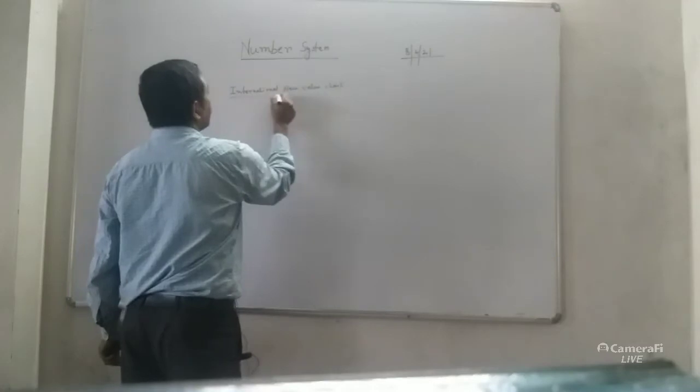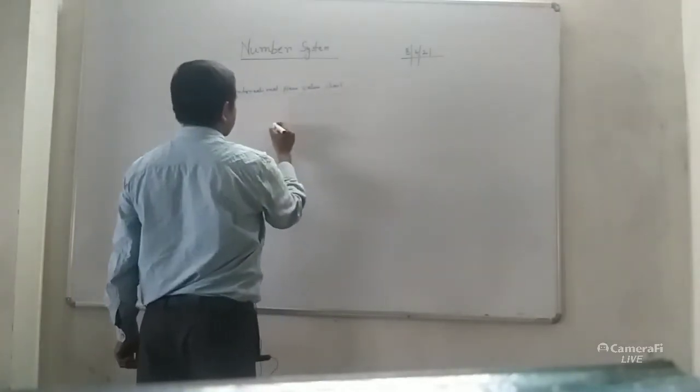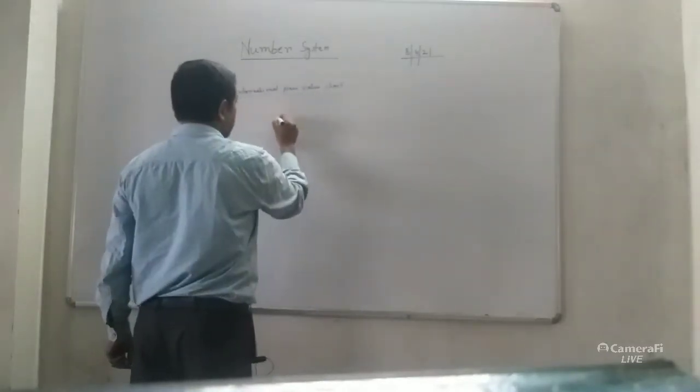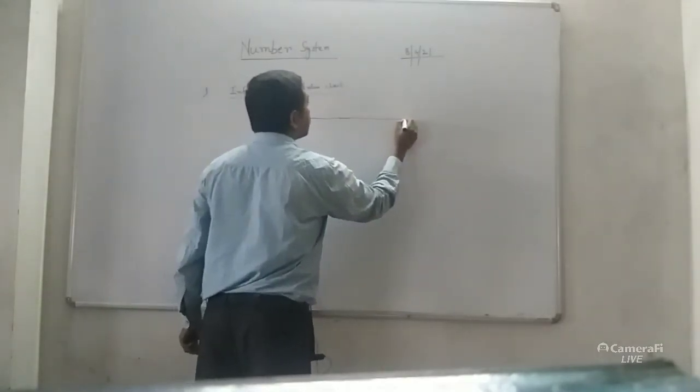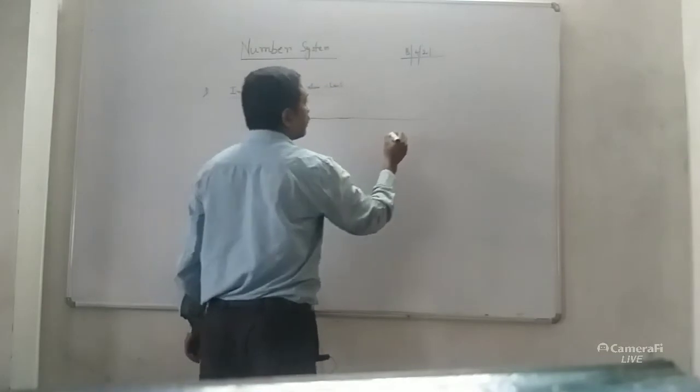In this place value chart, suppose you draw in such a way. Now what do you see here?